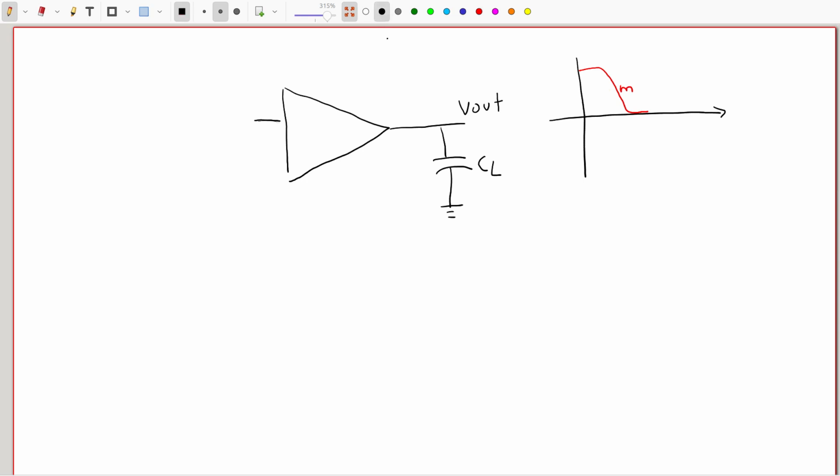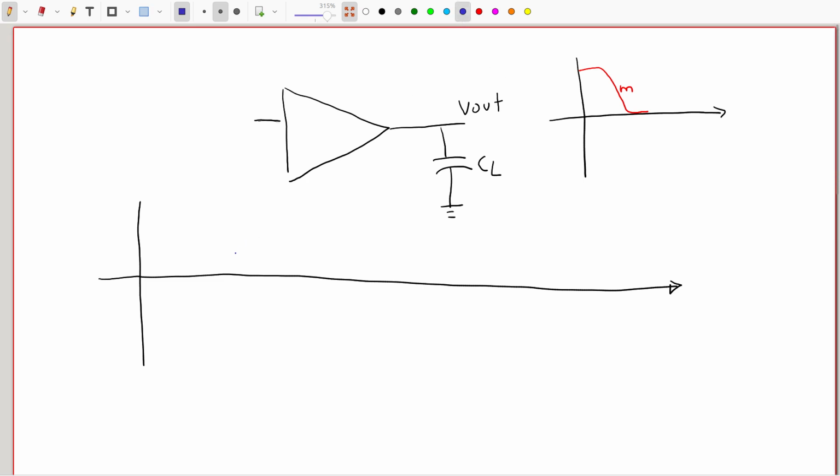If we take mathematically this, we assume that we have, let's see, we make it very big here. If we have a sinusoidal signal, very slow like this, we'll go like this, and the maximum slope that my signal can tolerate is just m.